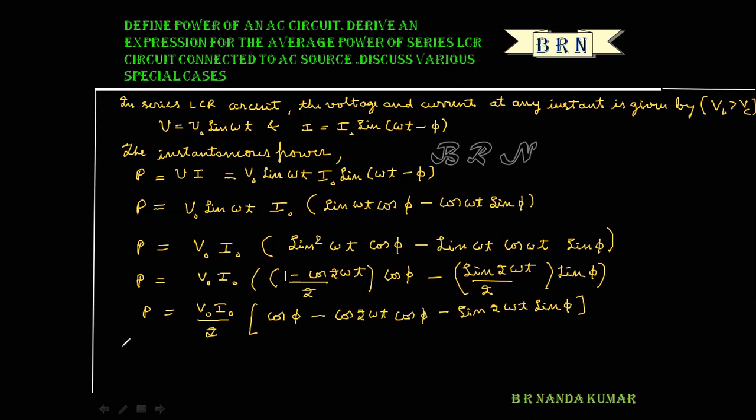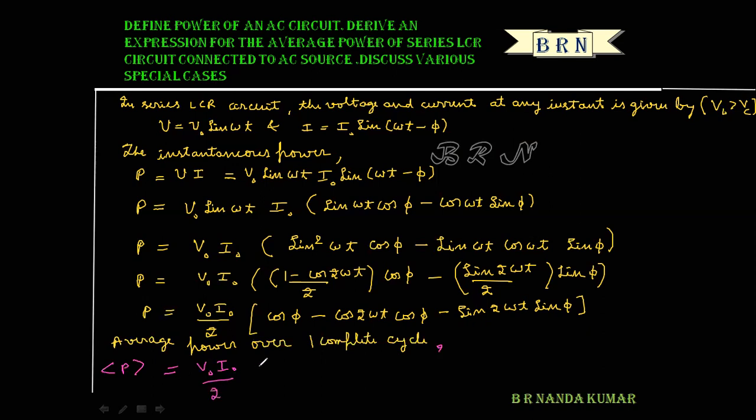Okay. So actually we have to calculate the average power over one complete cycle in an LCR series circuit. So average P is equal to, the constant term V naught I naught by 2 is stated outside.